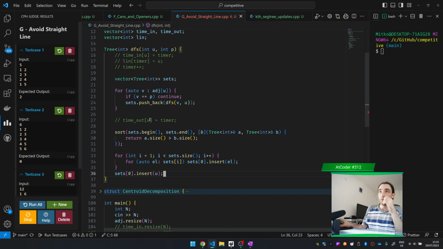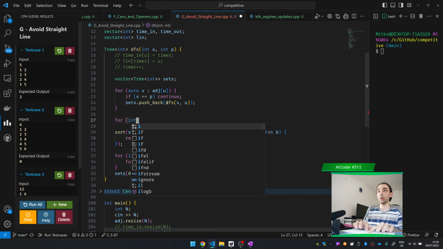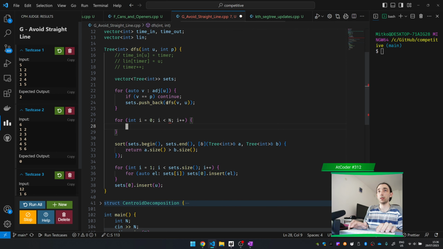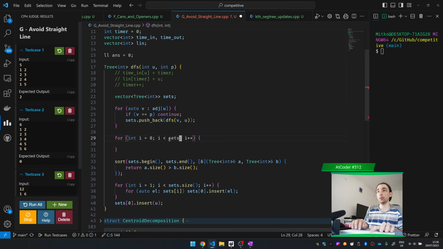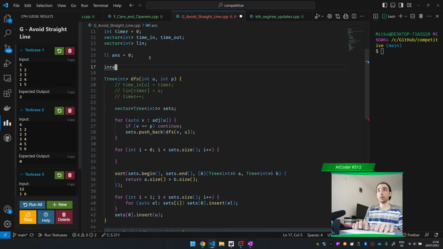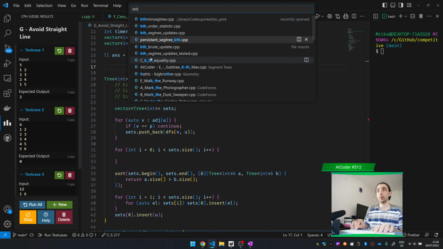When you're here, for each of these sets smaller than you, there's some answer, and for each of these set sizes, I want to find how many of these are smaller than u.